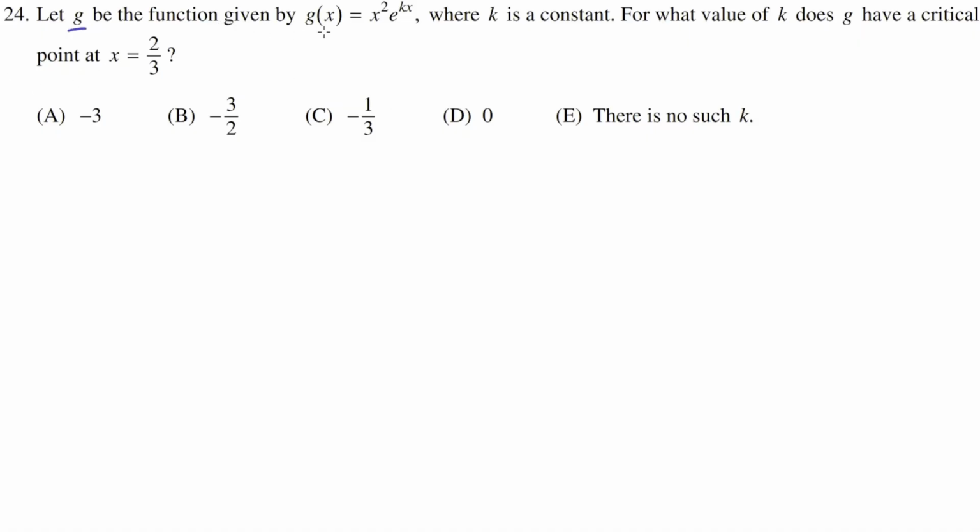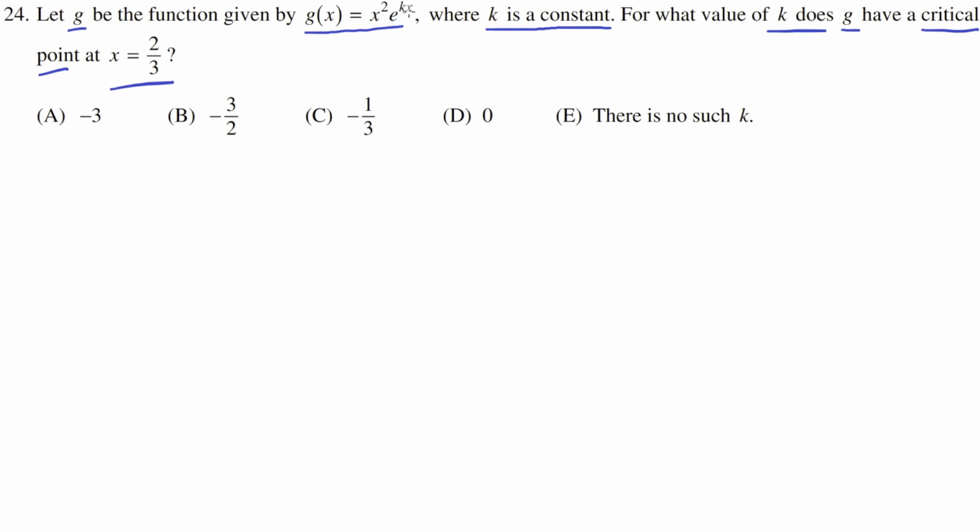Let g be the function given by g of x equals x squared times e to the kx, where k is a constant. For what value of k does g have a critical point at x equals 2/3?